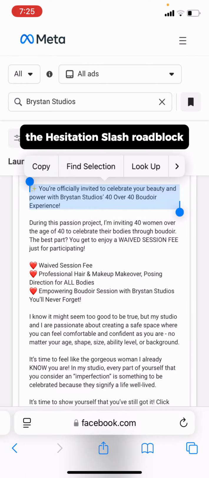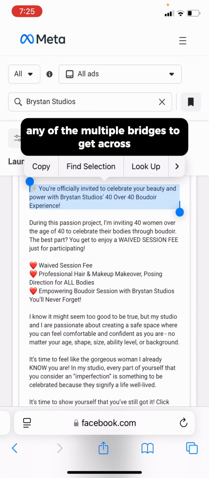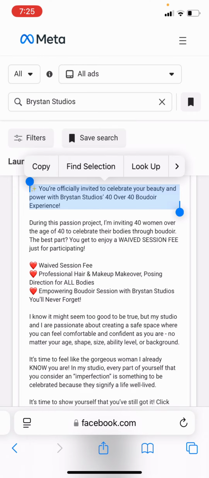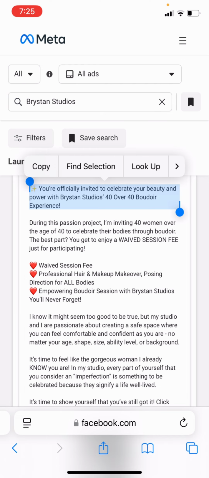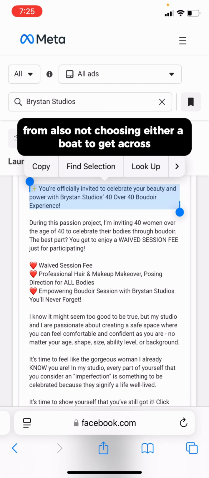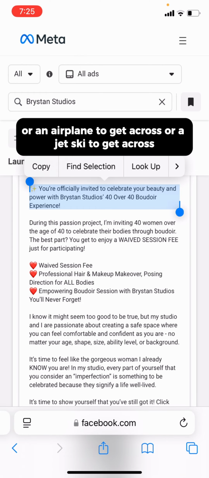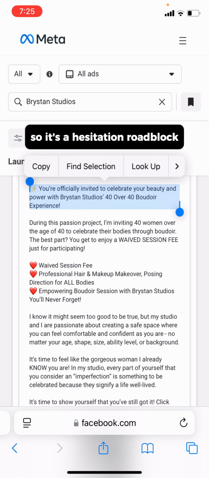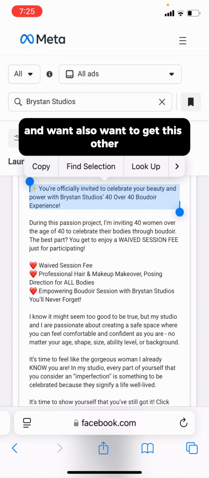The hesitation or roadblock is basically what is stopping them from choosing any of the multiple bridges to get across, or from choosing a boat, a helicopter, an airplane, or a jet ski to get across. So it's the hesitation or roadblock for the women that want to move away from this negative thing and also want the positive thing on the other side of the river.